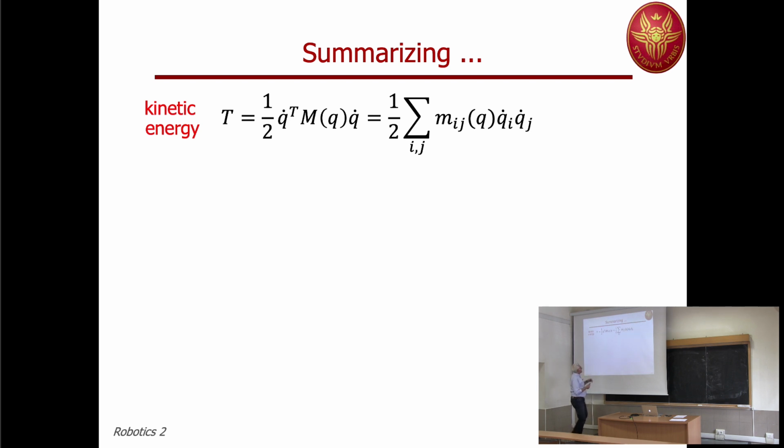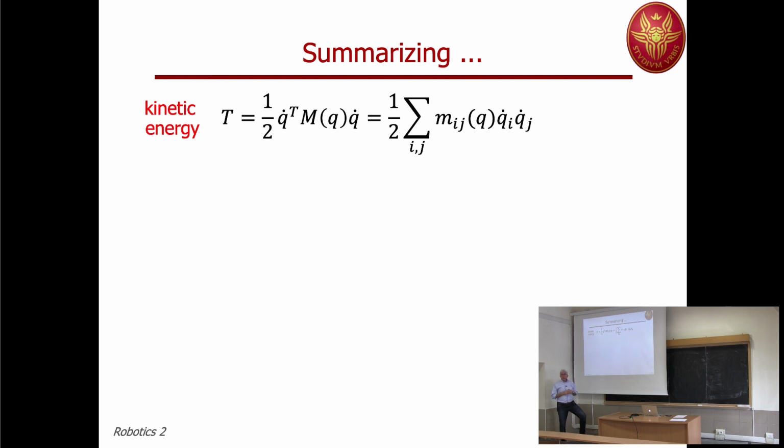We have seen that the kinetic energy of the robot is a quadratic form in the generalized coordinate velocity q dot. So you can imagine the joint velocities. And there's a symmetric and positive definite matrix inside this quadratic term. Now, you could prefer to use the matrix-vector format or to expand this into scalar contributions.